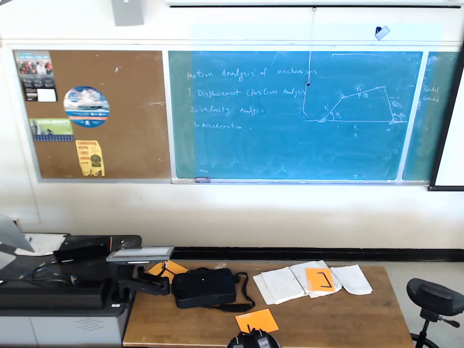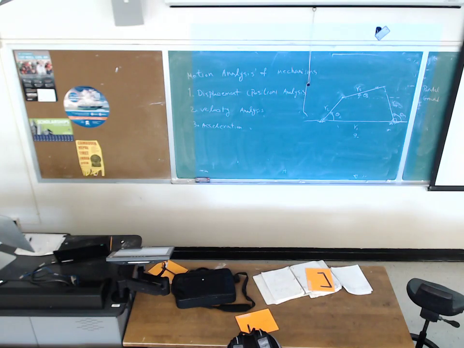We have two approaches. One is graphical: we draw the mechanism to scale and measure the links, angles, and the location of any point that we are looking for its position. This is what we are going to do in graphical, and I will go through some examples.